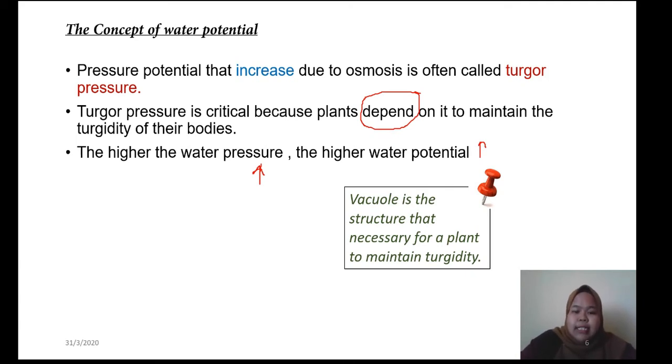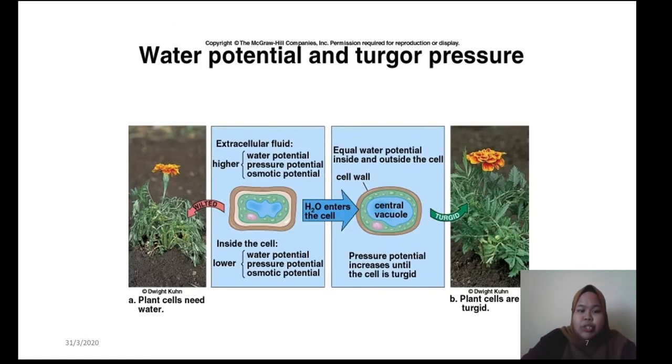This is just to refresh our memories that the vacuole is the structure necessary for a plant to maintain turgidity. This is the real situation when plants wilt. As you can see, the plant cells become plasmolysed.